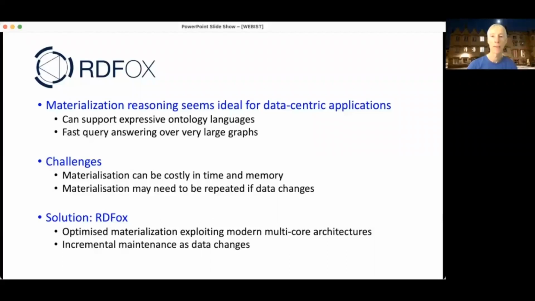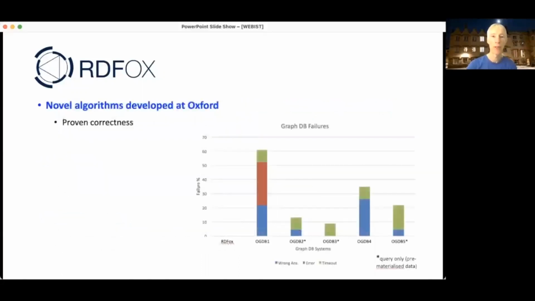As we've discussed, materialization can be costly, so this should be highly optimized, while at the same time supporting incremental maintenance to allow for changing data. We based RDFox on algorithms that are not only efficient, but are provably correct with respect to the semantics.